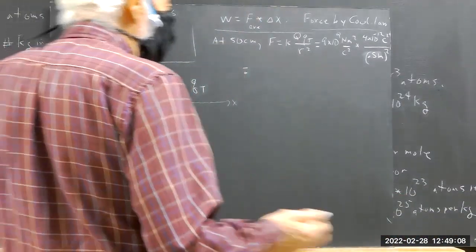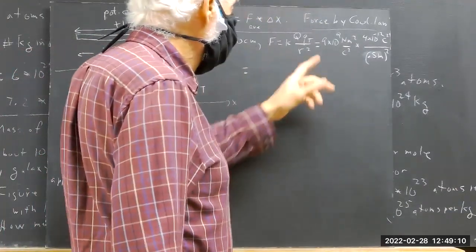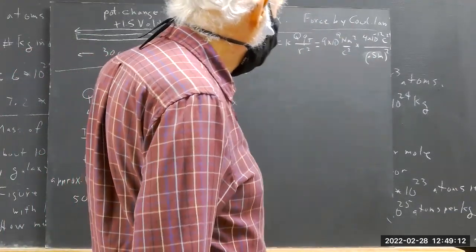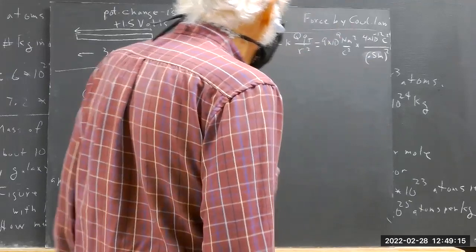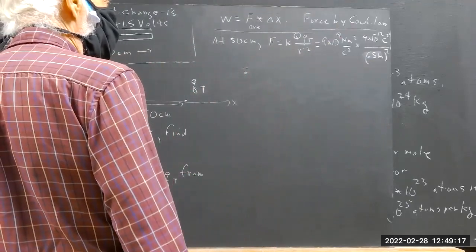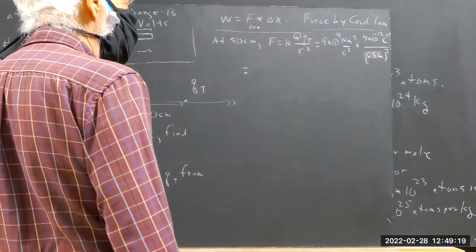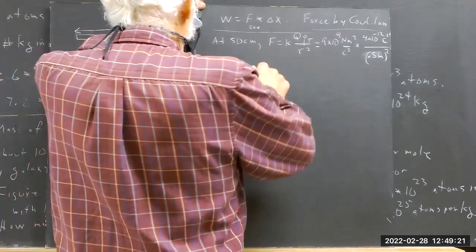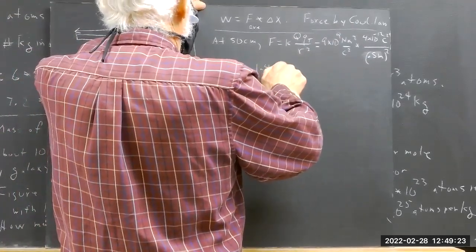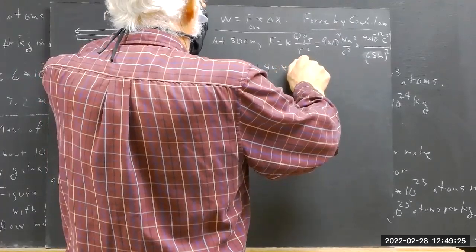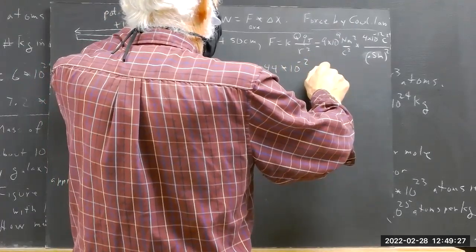Okay. So that's a very simple calculation. Let's see, we're going to get 36 times 10 to the negative third over a fourth, which is going to be 144 times 10 to the negative second. I think that's 1.44 times 10 to the negative 7.